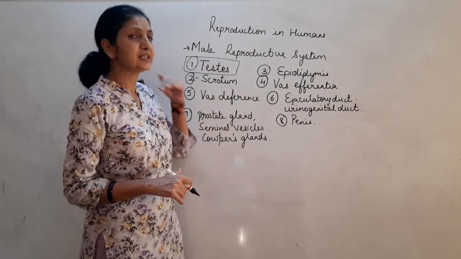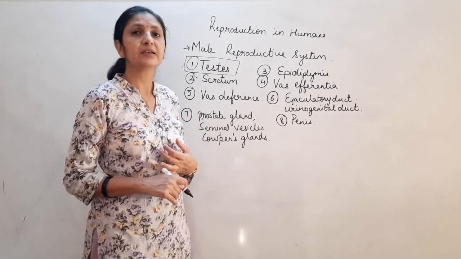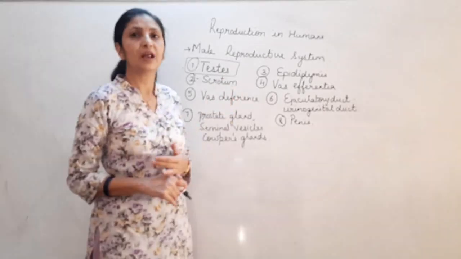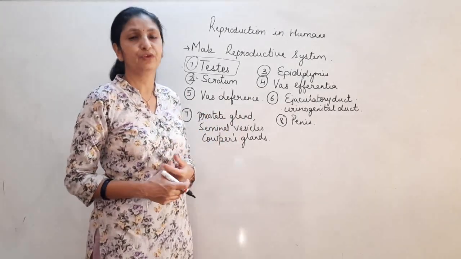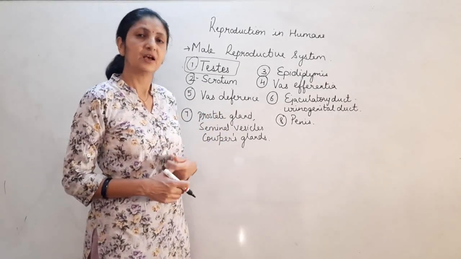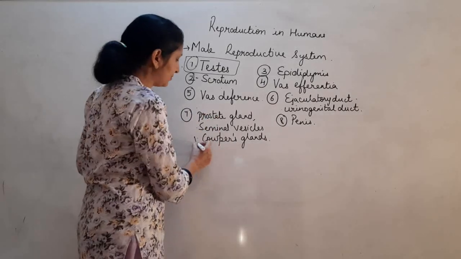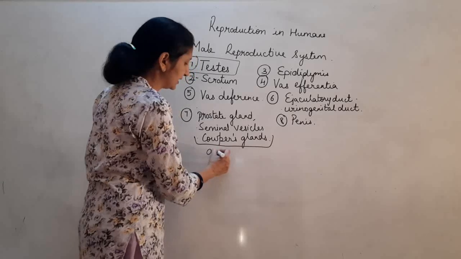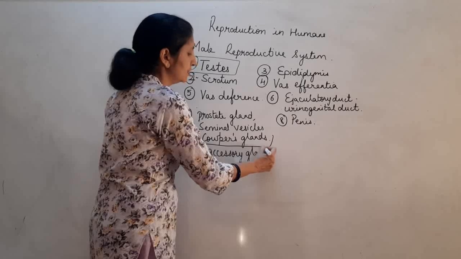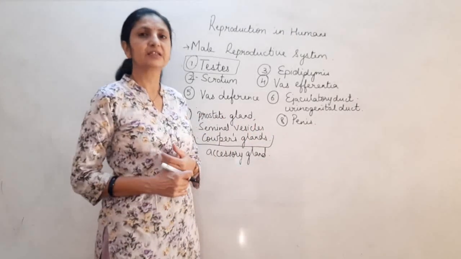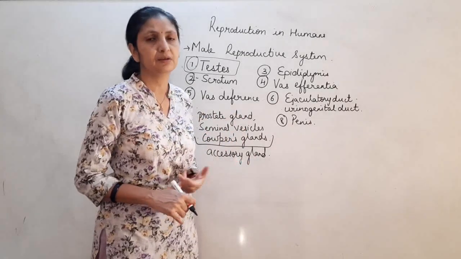So testis is the primary structure because it produces sperm. Other all are reproductive structures which are helpful in some other way. So secondary sex organs, and these three which I have written here can be collectively termed as accessory glands. They help in the process of reproduction by secreting something. See, I have written the word gland, it means they secrete something.